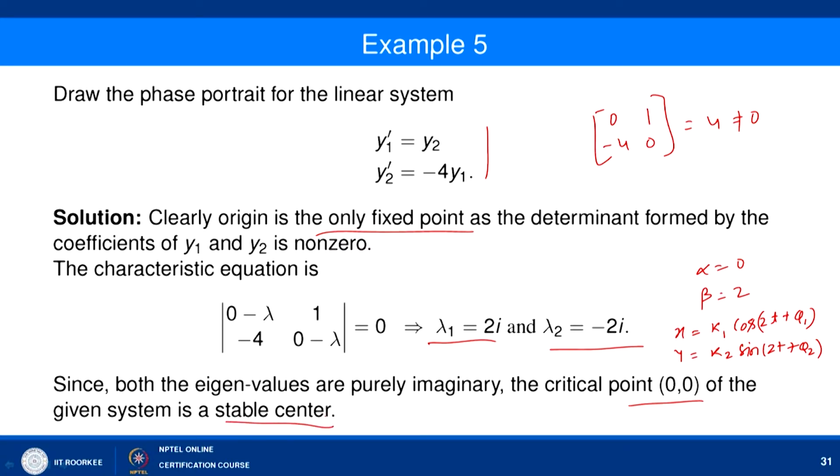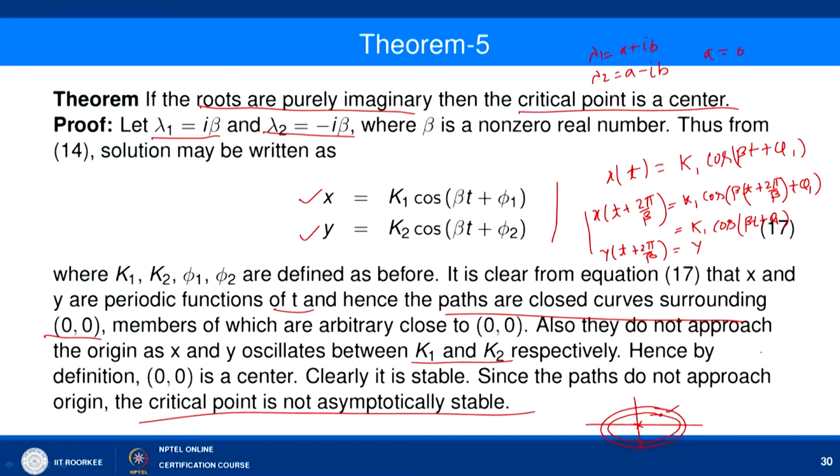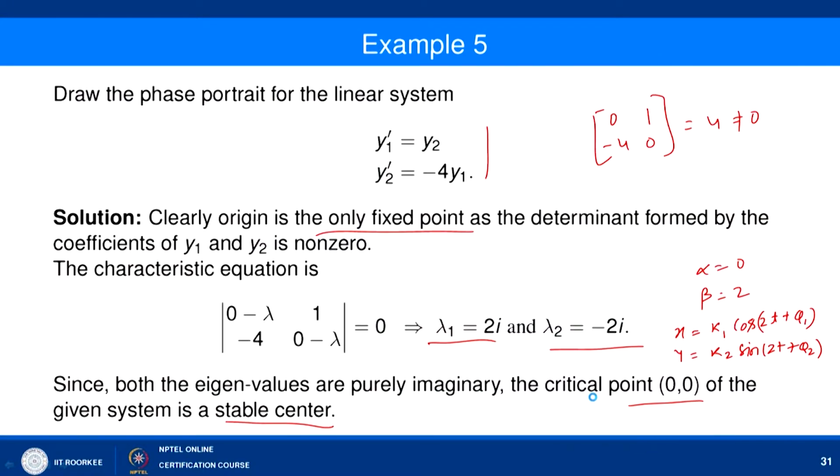Now, let us look at the behavior of the orbit here. So, if you look at x equal to k 1 cos of 2t plus phi 1 and y equal to k 2 sin 2t plus phi 2, we can simply rearrange this, and I can rewrite y as k 2 cos of beta t plus phi 2, maybe you can write it as k 2 tilde here.